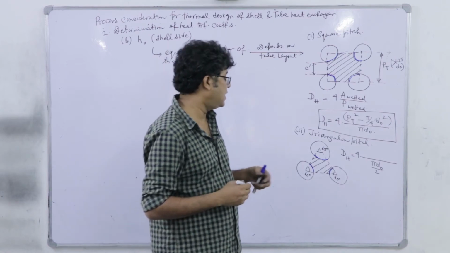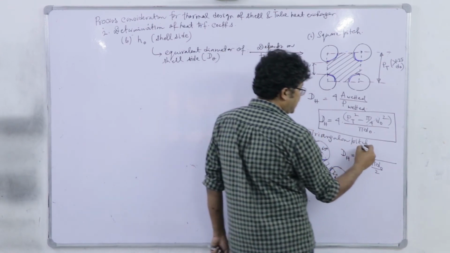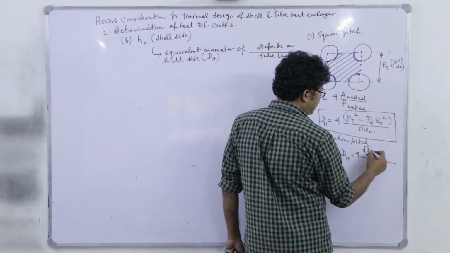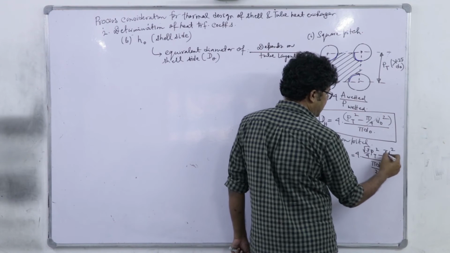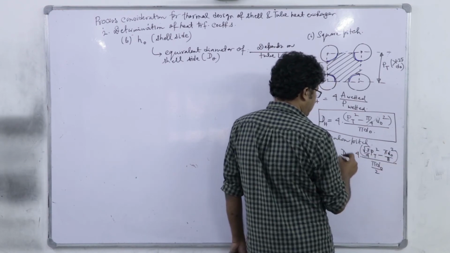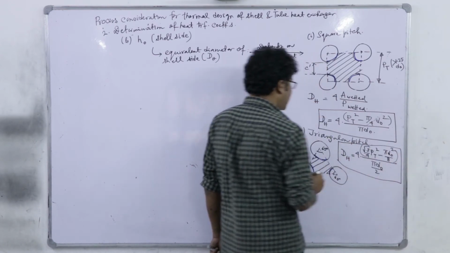So, here the area will be pi d naught square by 8, whereas the area of this equilateral triangle, we know from the elementary formula for mensuration, is root 3 by 4 PT square, minus pi d naught square divided by 8. So, this is the expression for equivalent diameter with triangular pitch.